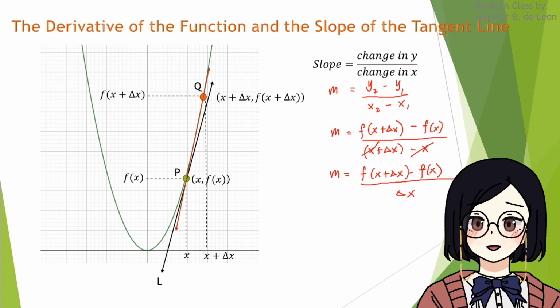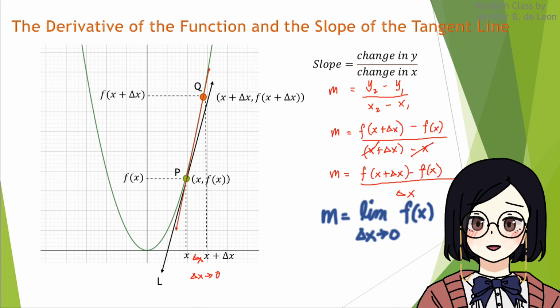Now remember, we would like to make delta x arbitrarily small. So we set delta x approaching 0, since point Q may be located at the left or at the right of point P. In that case, we are dealing with the limit of the function.